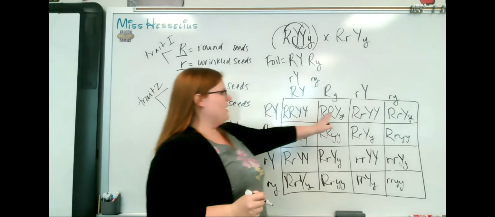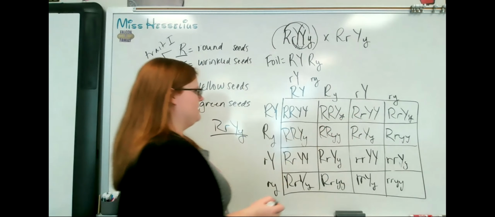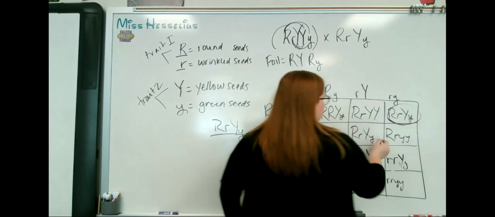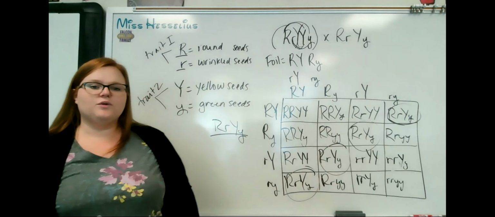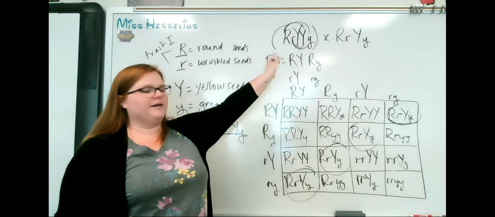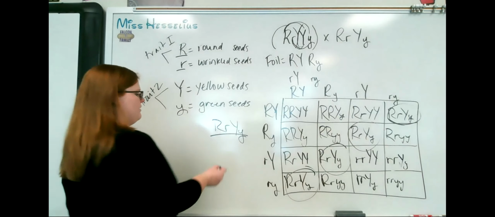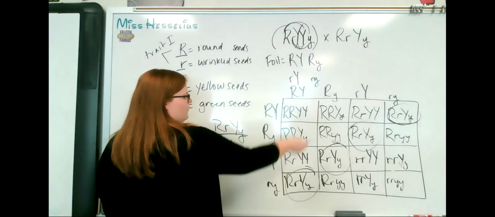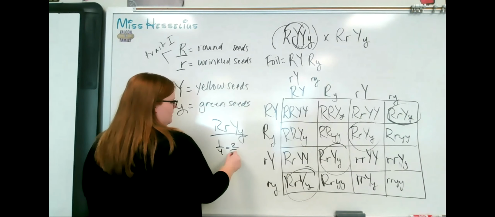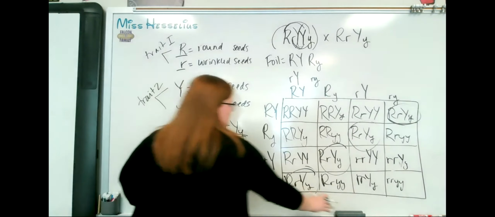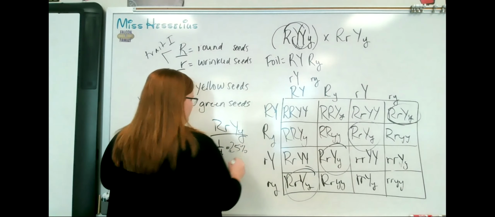So you look on here for how many out of 16 are this genotype, and you should find 1, 2, 3, 4. When you do a dihybrid cross with 2 heterozygous parents for both traits, the chances of getting that same genotype is always 1/4, or 4 out of 16, or 25%. 25%, okay?